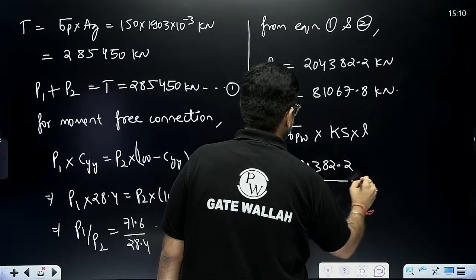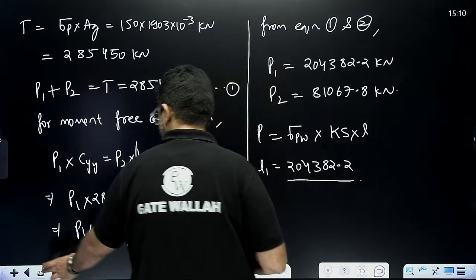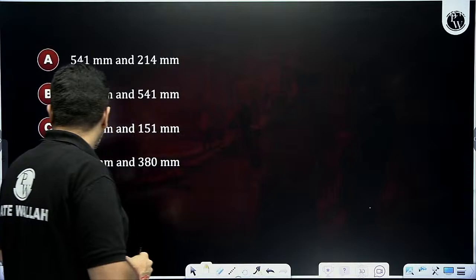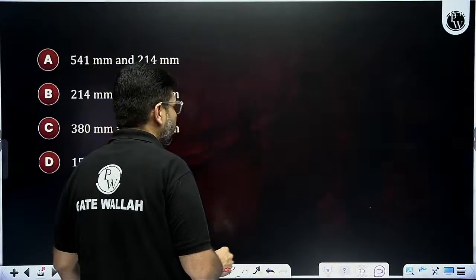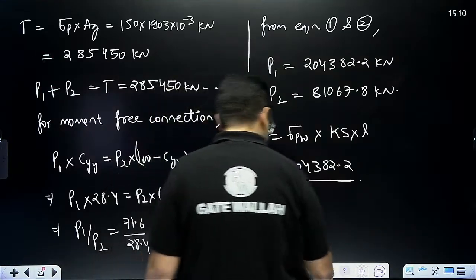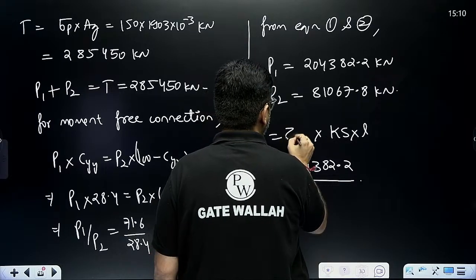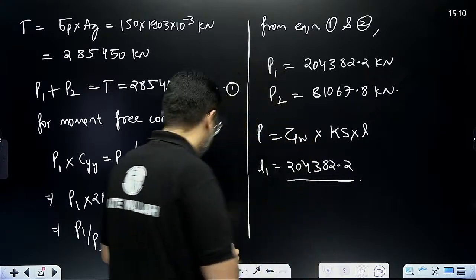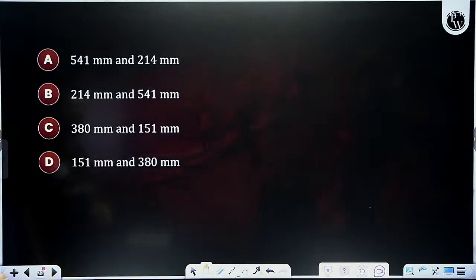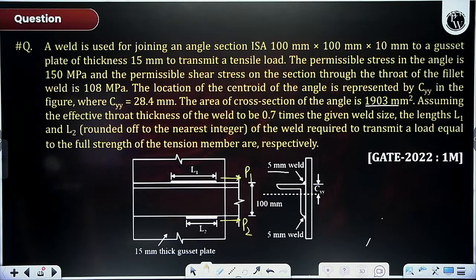204,382.2 upon sigma permissible of the weld, that is tau permissible, or instead of sigma you can write tau also, because this is shear stress. So tau permissible of weld is how much?